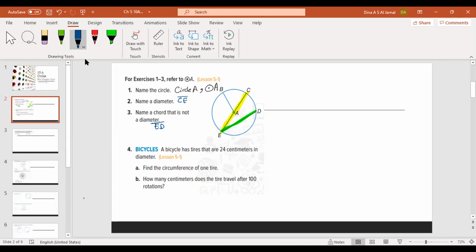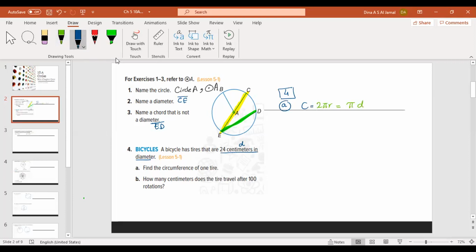A bicycle has tires that are 24 centimeters in diameter. So he gave you the diameter already. Find the circumference of one tire. You already know that your circumference can be found using either 2 pi r or pi d.